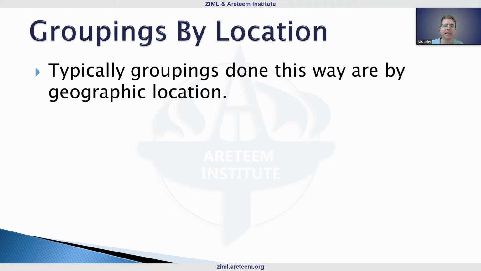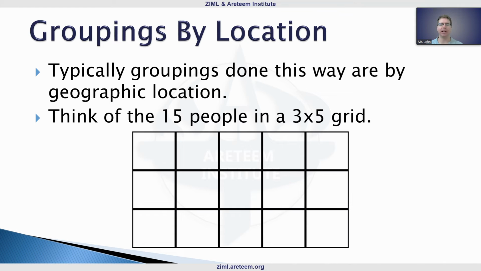So let's think of these 15 people then in a 3x5 grid. So they're no longer just people we can shuffle around however we want. Every person is going to be in a location on this grid. And then when we do our groupings, we want those groupings to, quote unquote, make sense when we're talking about that location on a grid.